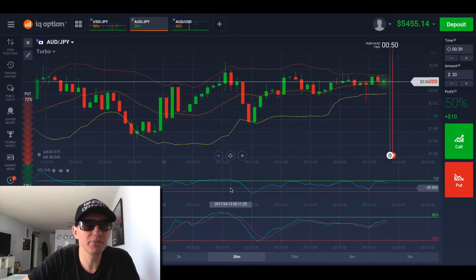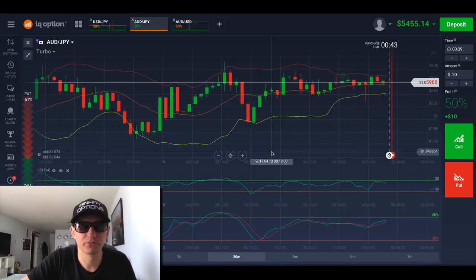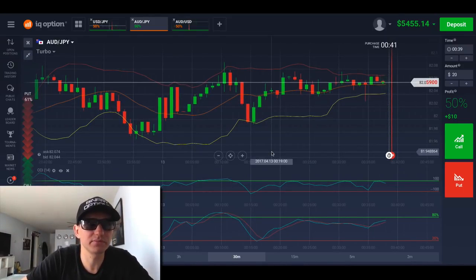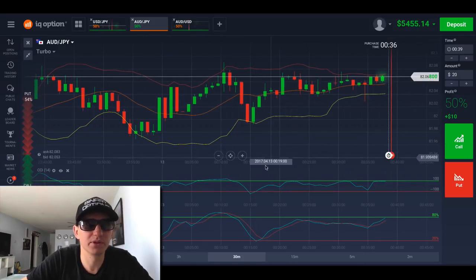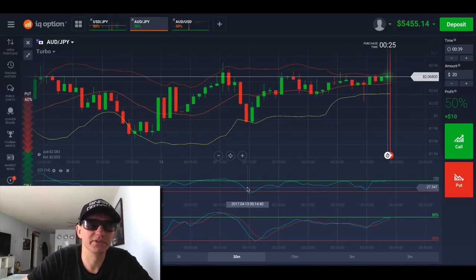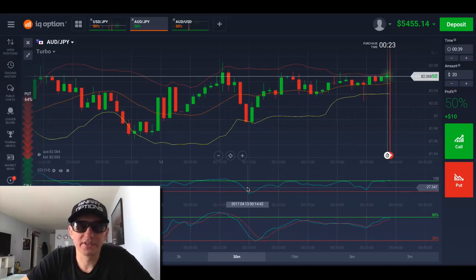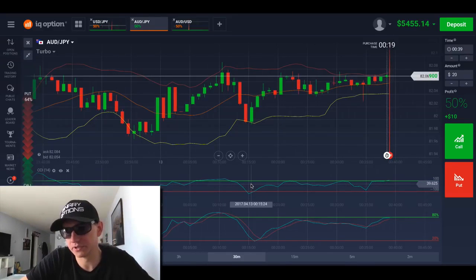So when the CCI moves above the plus 100, it means that the price is trending strongly upwards, and whenever it drops below the minus 100, a strong downtrend is in place at the moment. So the short trade is held until the CCI rallies back to the range between the 100 and minus 100.